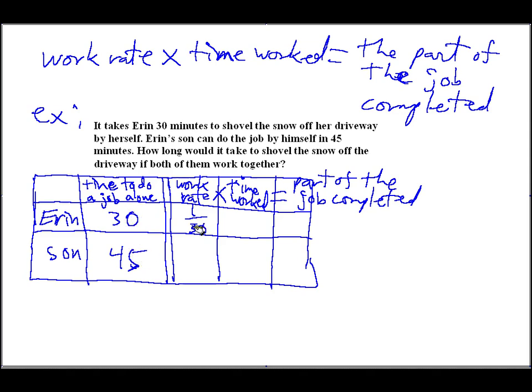If her son takes 45 minutes, his work rate is 1 over 45. Again, just the reciprocal, no big deal. Now, what is the time worked? Well, how much time did each person put in?